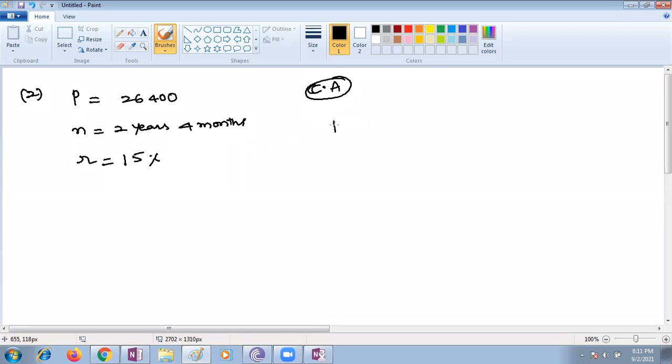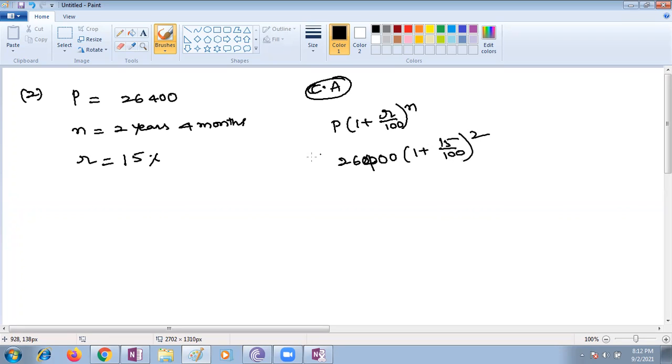Now, which formula can we use? P into 1 plus r by 100 whole power n. For 2 years only you have to calculate first, with rate of interest 15 by 100.